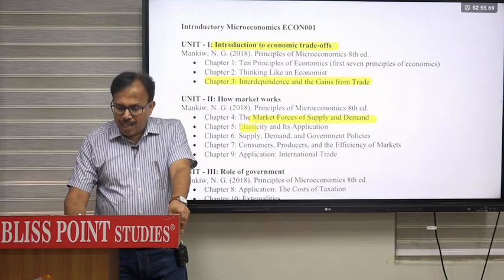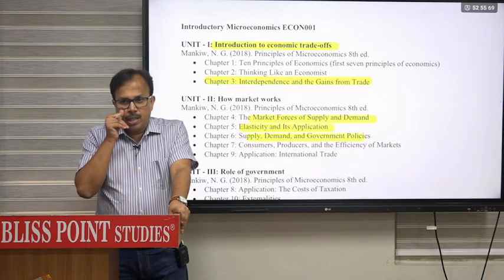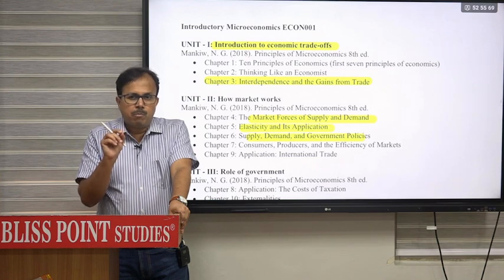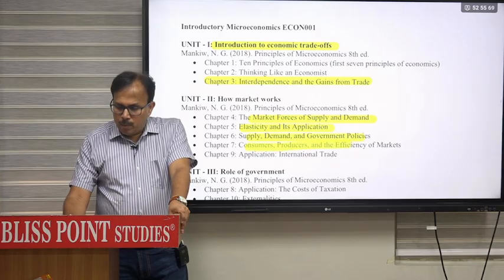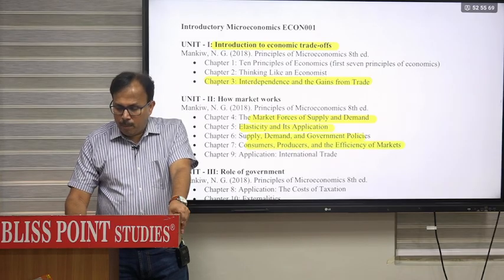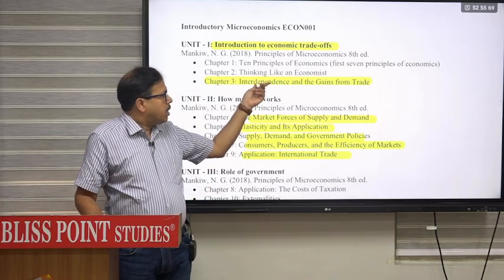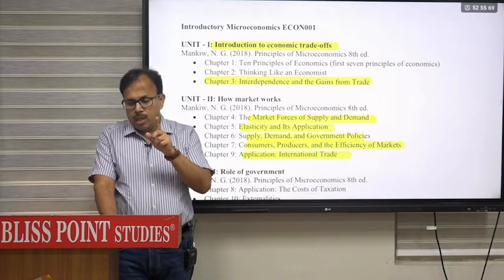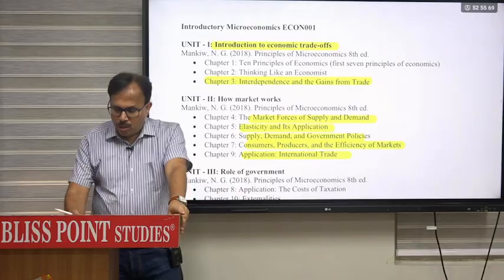Then we talk about elasticity and its application, supply, demand and government policies, like government policy in the form of control on the price, price ceiling, price floor, consumer and producer surplus and efficiency of markets, and again the application of international trade. So again a new chapter, right? Here also I have to explain, and then the next chapter. So you can see chapter number 3 and chapter number 9 as part of the international topics.